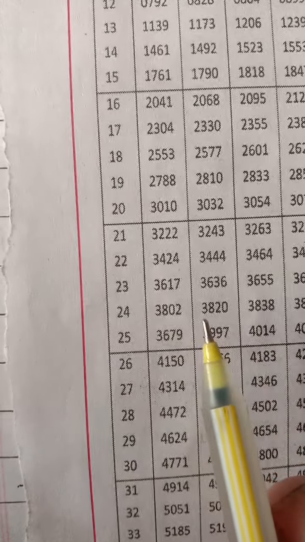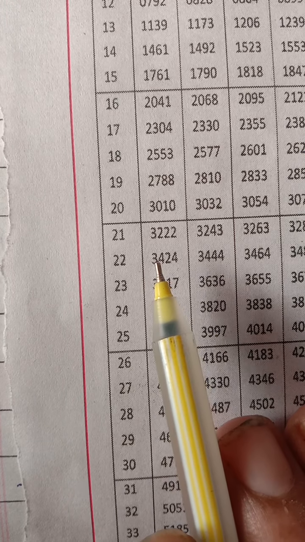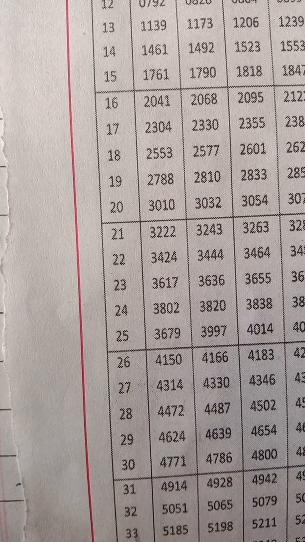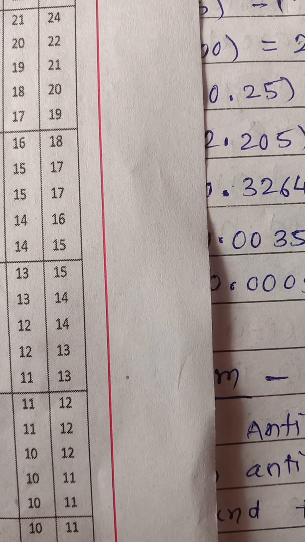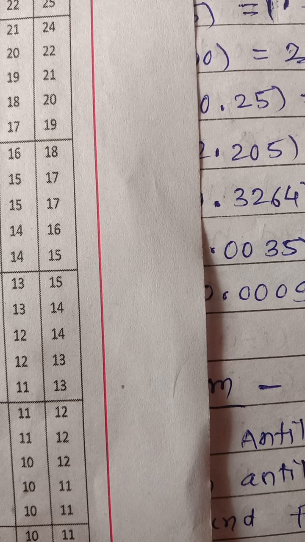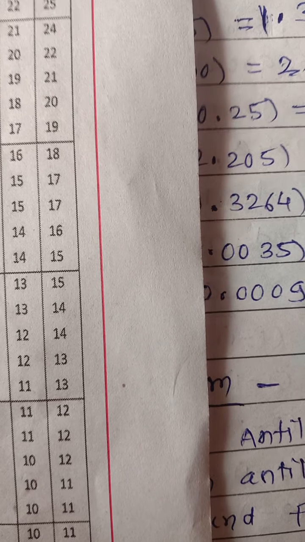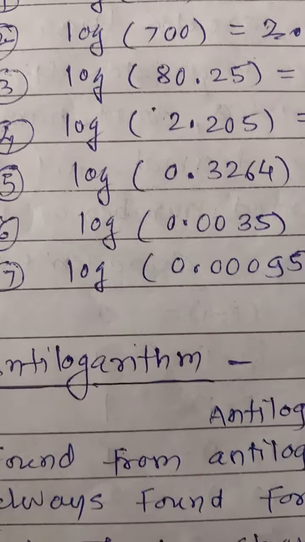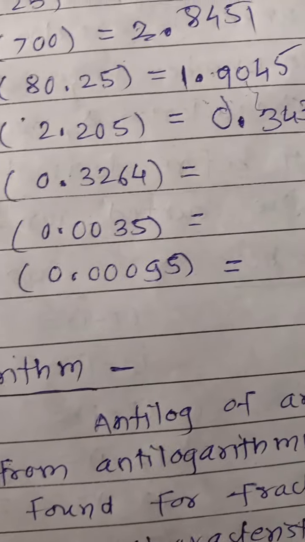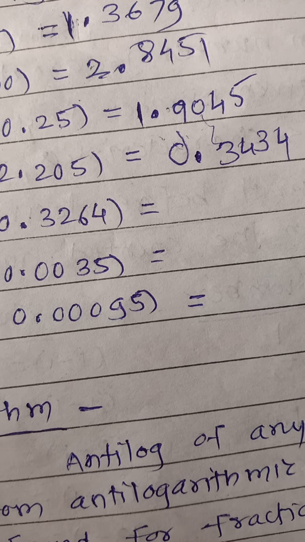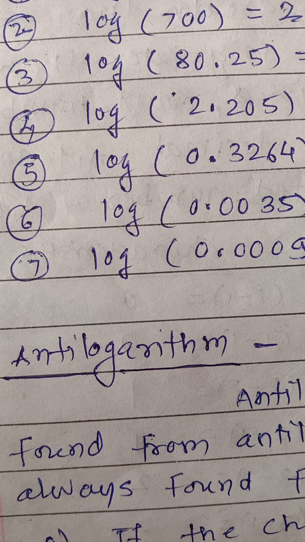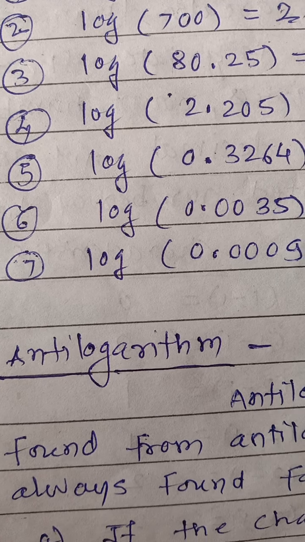Mean difference is 10, and therefore 3424 plus 10 means 3434 we will get here, and therefore we can write it as 3434. So in this case 0.3434 will be the log of 2.205.